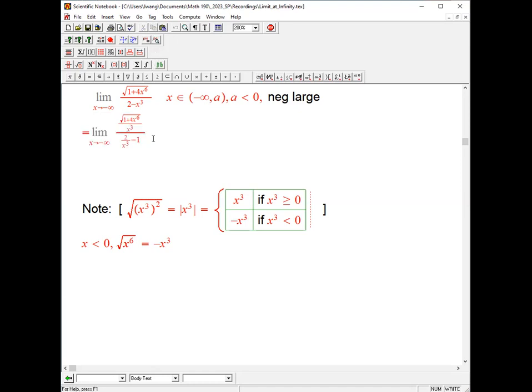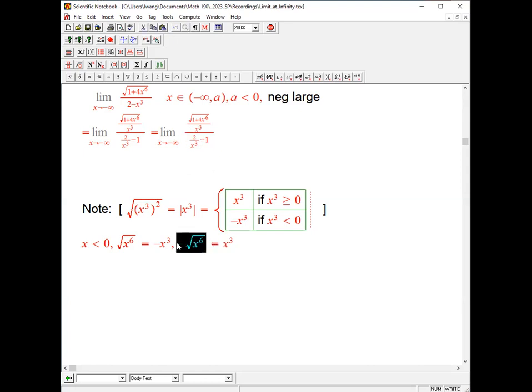So the next step, x to the power 3 will be replaced. You put a negative sign on the other side. So x raised to the power 3, you bring this negative sign to the other side.